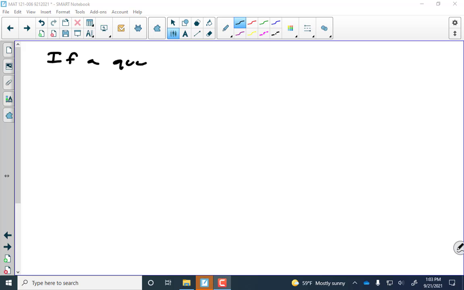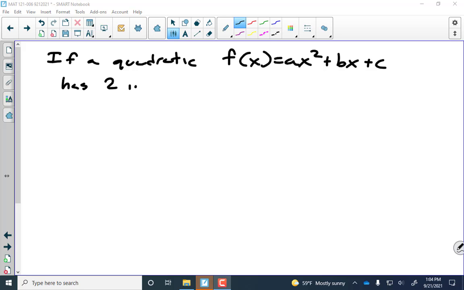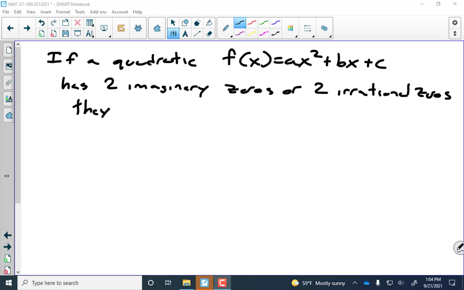If a quadratic, which is the equations we were working with last time, f of x equals ax squared plus bx plus c, has two imaginary zeros or two irrational zeros, they come in what we call conjugate pairs. And those conjugate pairs, if you don't remember, happen because you might remember the quadratic formula has that plus minus in it.